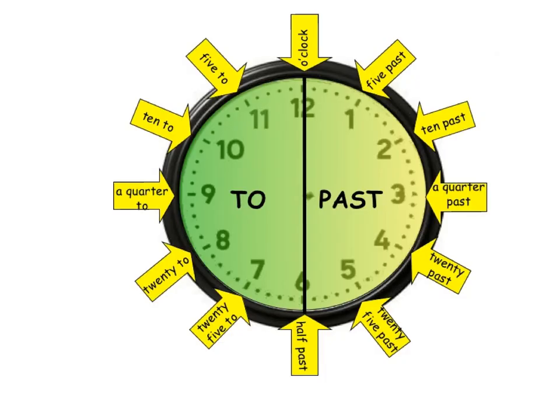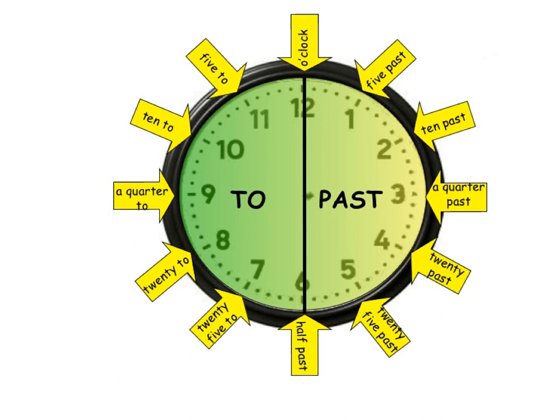So remember, we can read the time going hours first, then minutes, or we can be really clever and say it the advanced way. And the way we can do that is by remembering this side of the clock is our past the hour side, and this side of the clock is coming back up to the o'clock, so it's the to side.